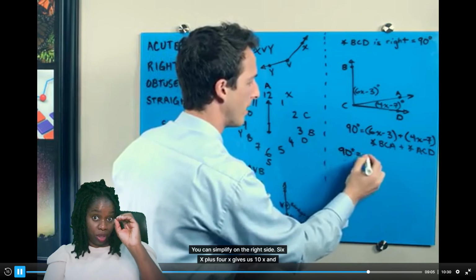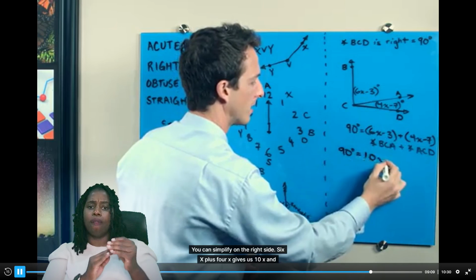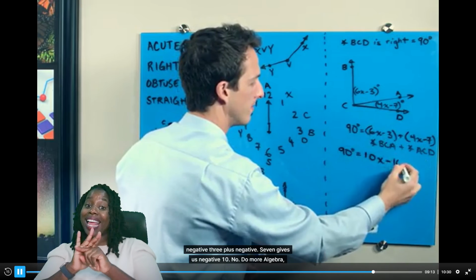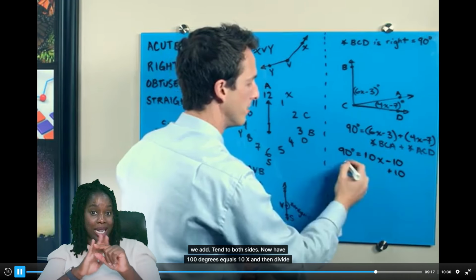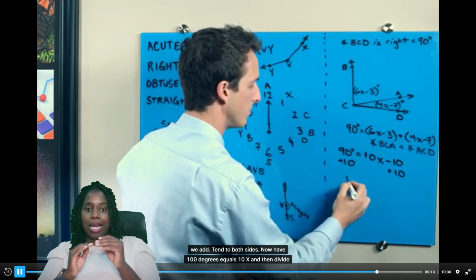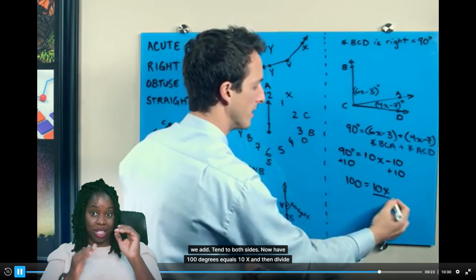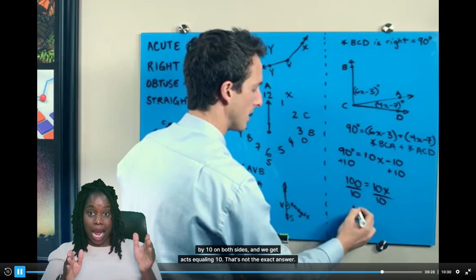You can simplify on the right side. 6x plus 4x gives us 10x. And negative 3 plus negative 7 gives us negative 10. Now, do more algebra. We add 10 to both sides. So we now have 100 degrees equals 10x. We can then divide by 10 on both sides. And we get x equaling 10.